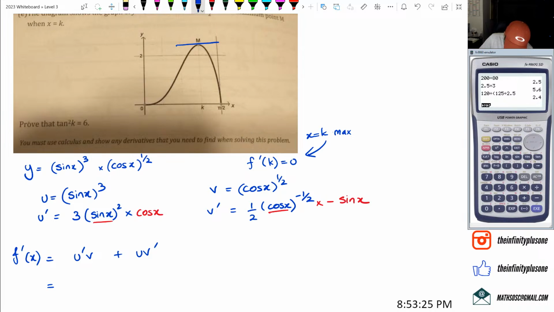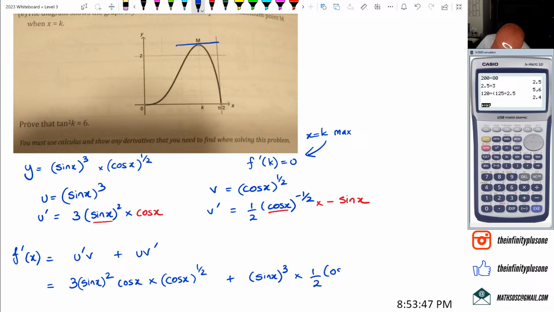So u dash is 3 sine x squared cos x multiplied by v, which happens to be cos x to the power of half, plus u, which happens to be sine x to the power of 3, times v dash, which happens to be half cos x to the power of negative half multiplied by negative sine x. Hopefully I'm on the right track here.